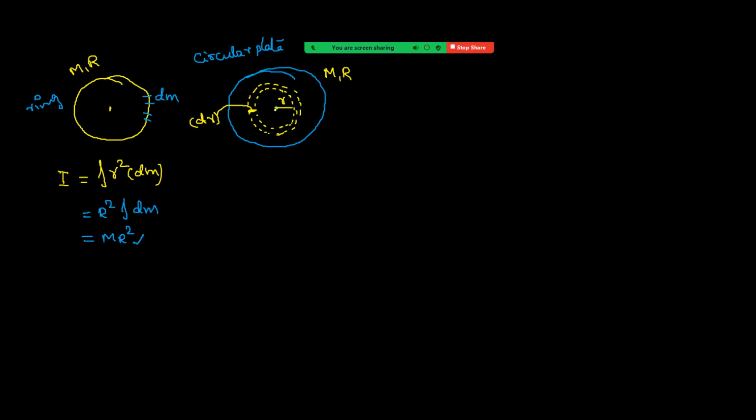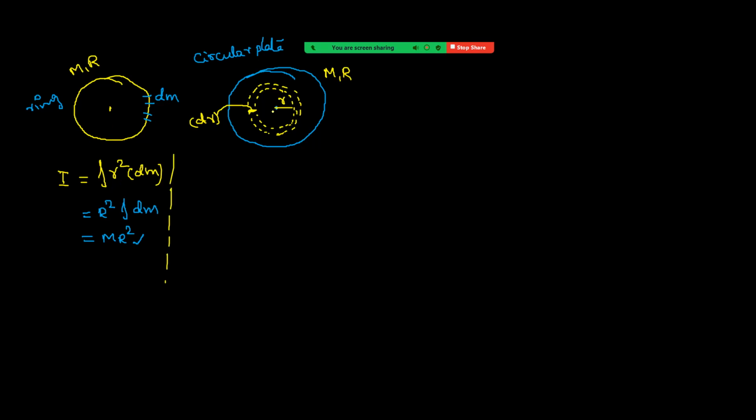Whenever we want to calculate moment of inertia, we have to mention about which axis. So here we are calculating about an axis passing through the center of the disc and normal to the plane of the disc. And just now we got for a ring about its own axis, it is M R square. So here also the same thing.